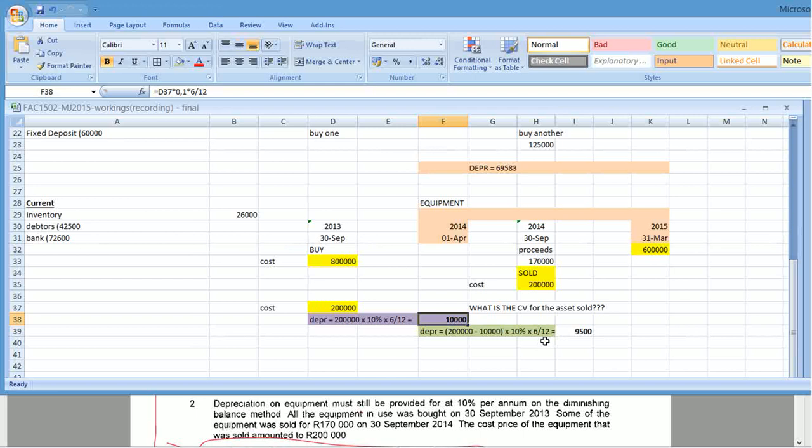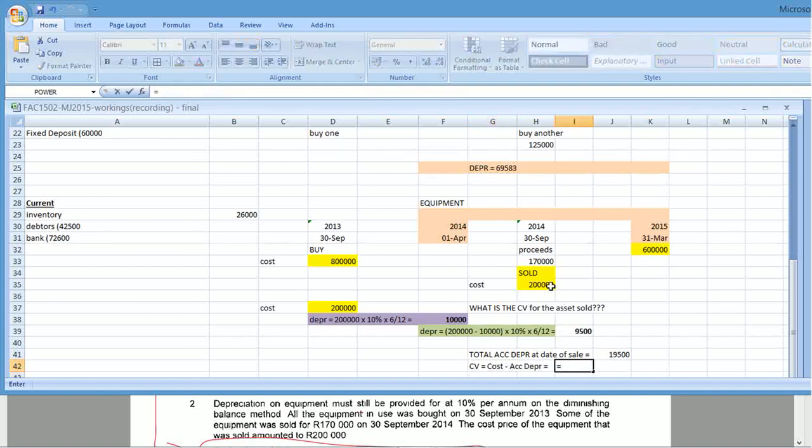Great, so now I know that in terms of accumulated depreciation, total accumulated depreciation at date of sale is 10 plus 9, 19,500. 19,500 is the total at that point in time. Right, so now we know that at that point in time, you've got total depreciation of that, so the carrying value is cost minus accumulated depreciation.